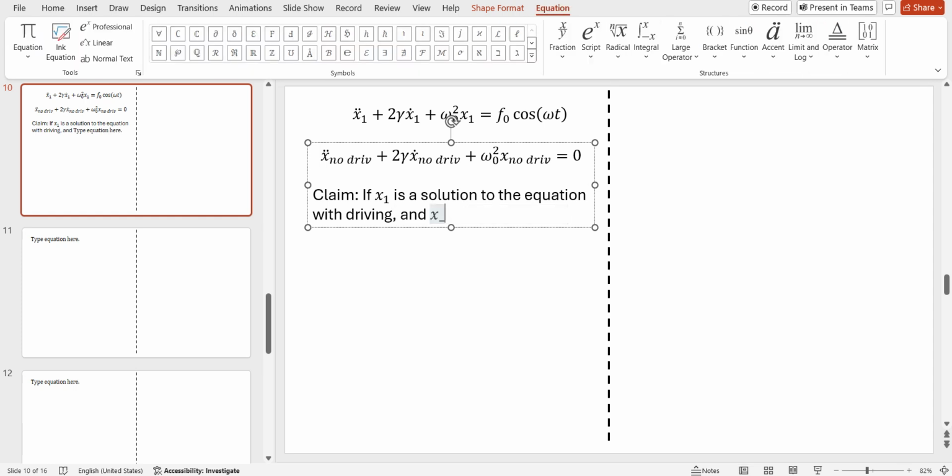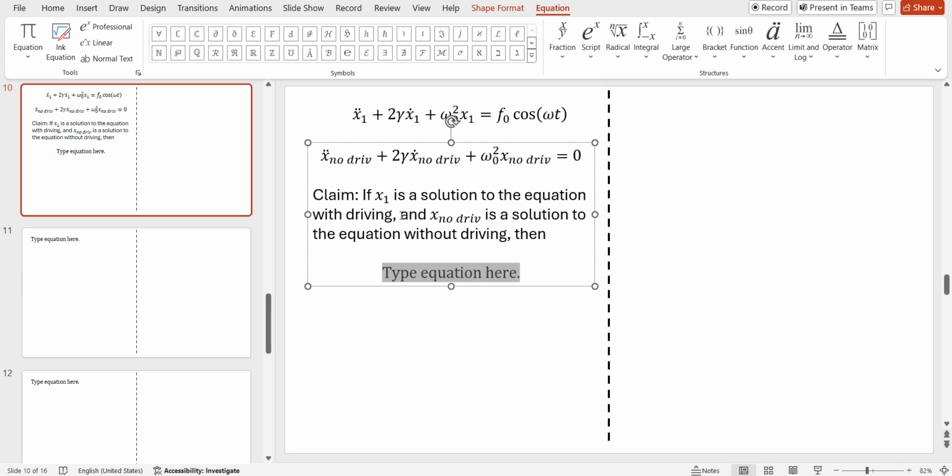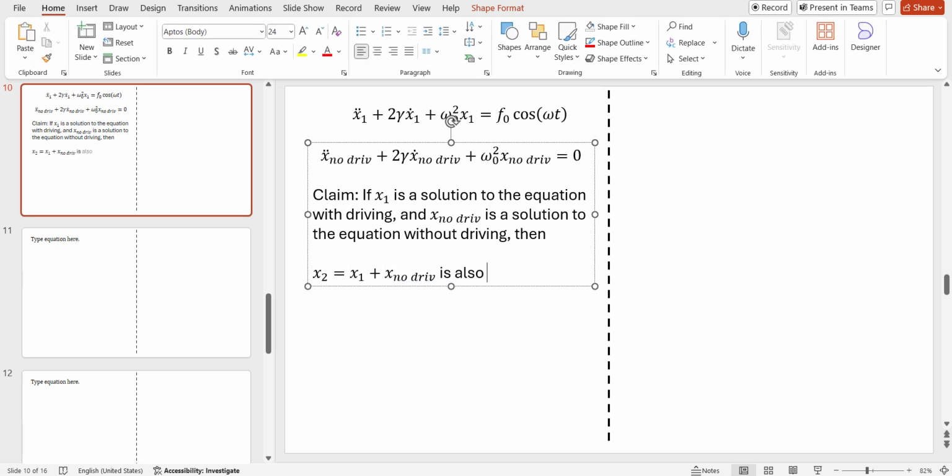And x no drive is a solution to the equation without driving, then x2, where x2 equals x1 plus x no drive, is also a solution to the equation with driving.